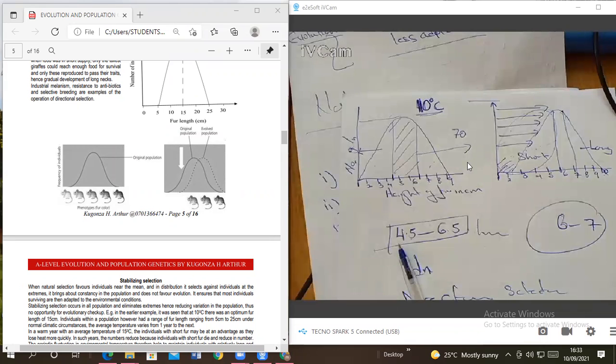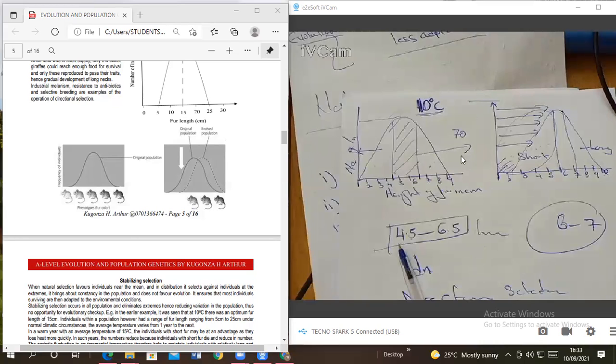After a period, like after 200 years, you may find people with fur length of 15 centimeters, because these individuals are being favored, and the new individuals being produced will have fur which is longer.